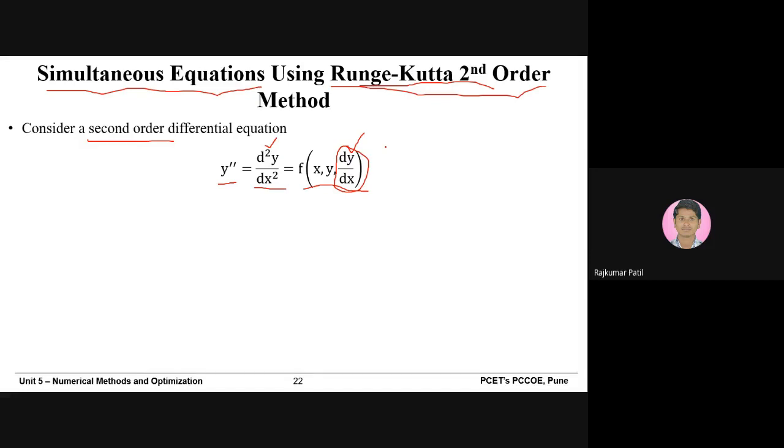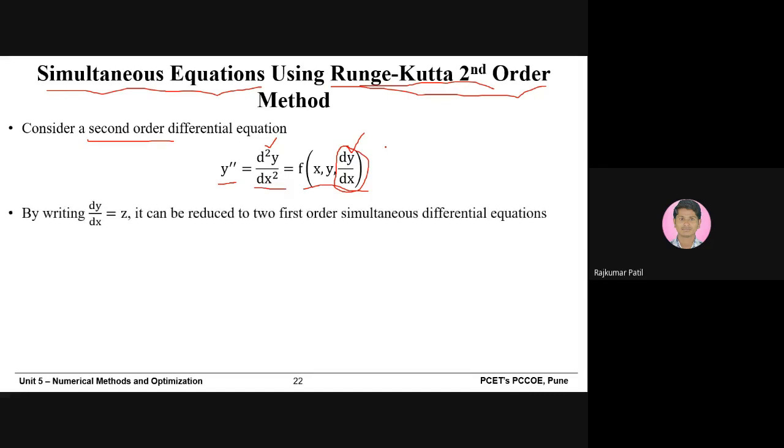by using Runge-Kutta method directly. But we can look at the problem carefully and modify this equation in such a way that we can apply Runge-Kutta method, and in this case Runge-Kutta second order method. So what we will do is replace, or rewrite, the term dy by dx as z. So this dy by dx will become z, and also d2y by dx square can be changed.